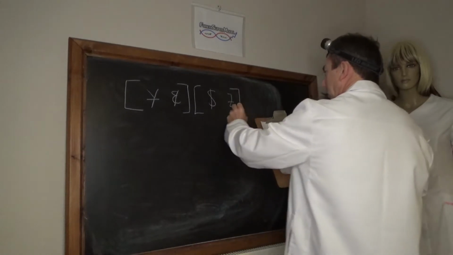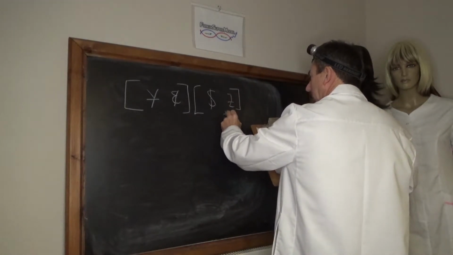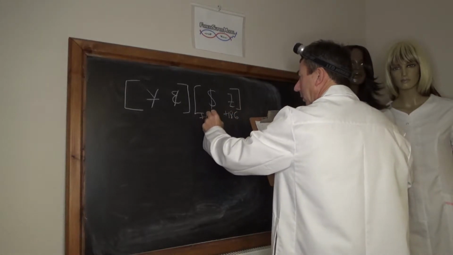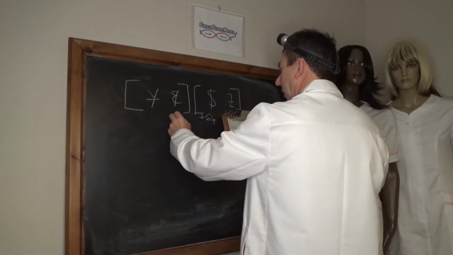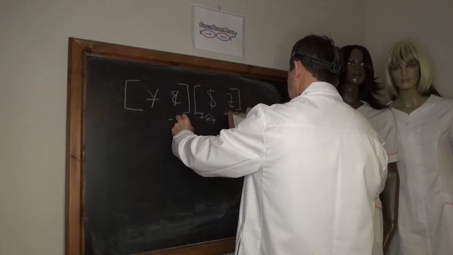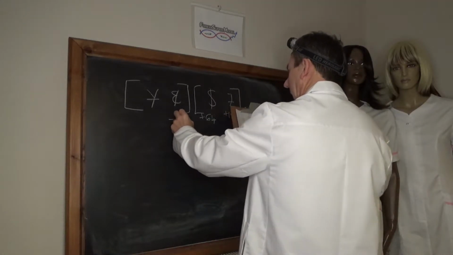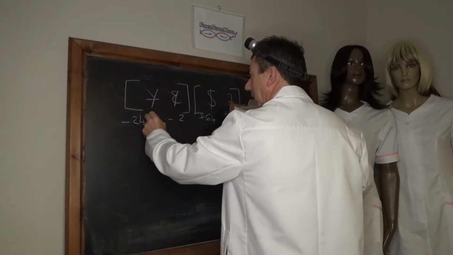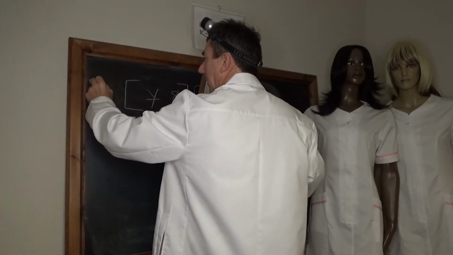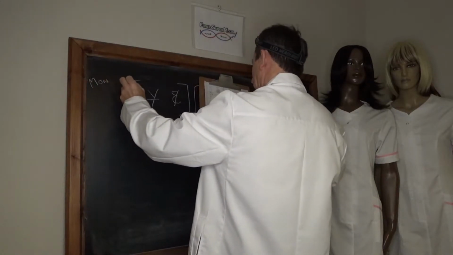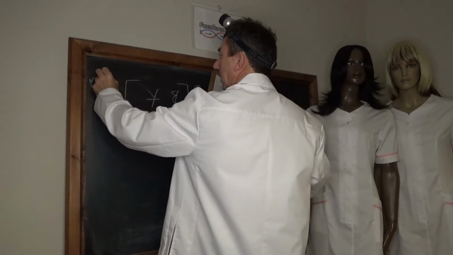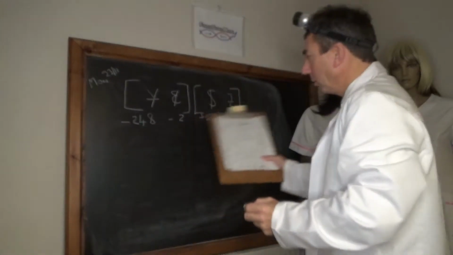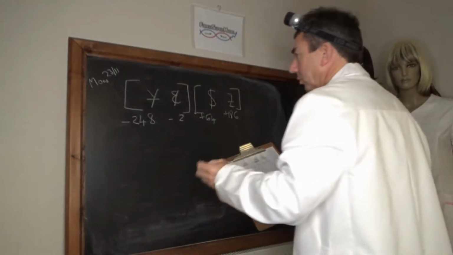Put the figures in: plus 186 on the pound, plus 64 on the dollar, euro minus 2, and yen minus 248. So this was Monday, 23rd of the 11th. Those were the flows throughout the whole day of yesterday, the last full trading day.